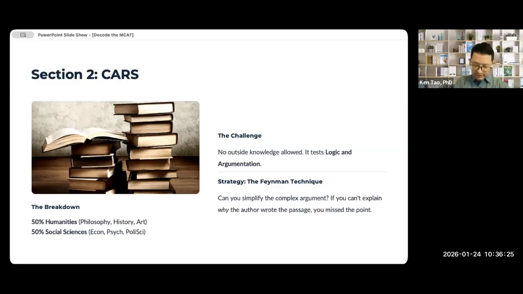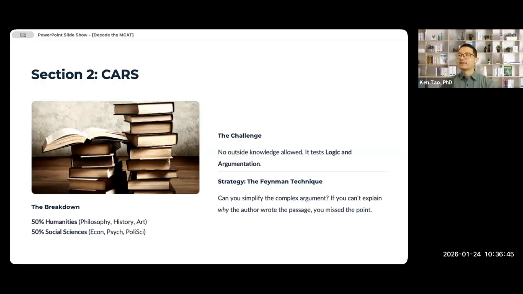And one thing I'll say here that a lot of students don't think about is the CARS section tests your reasoning skills and your ability to identify and evaluate arguments. It's not simply, this is a passage about Picasso and the paintings that he drew.